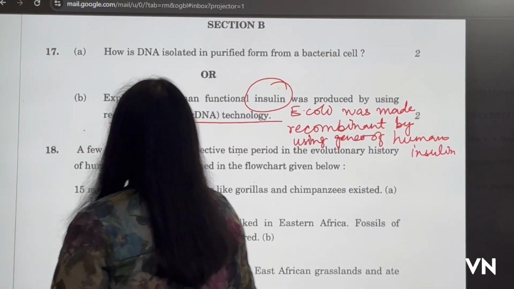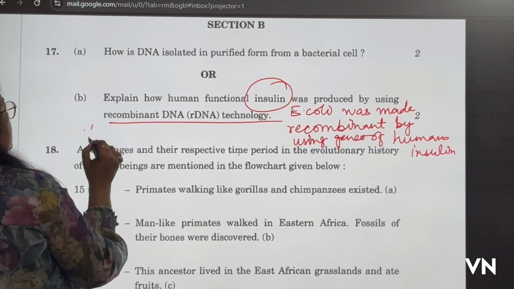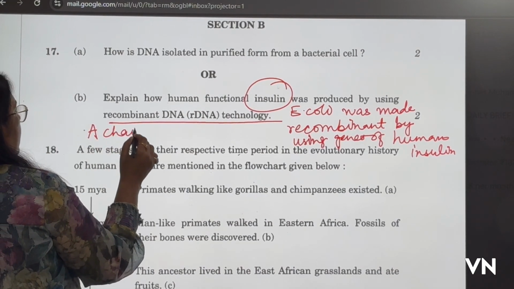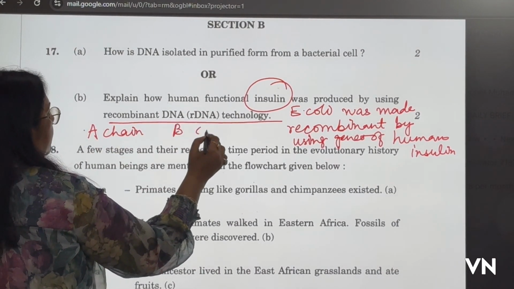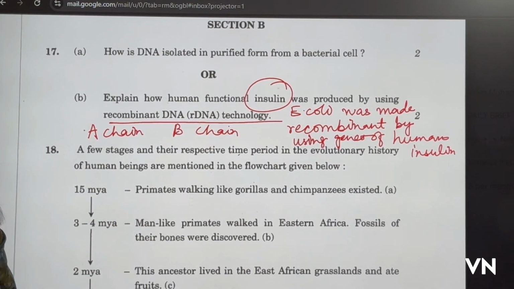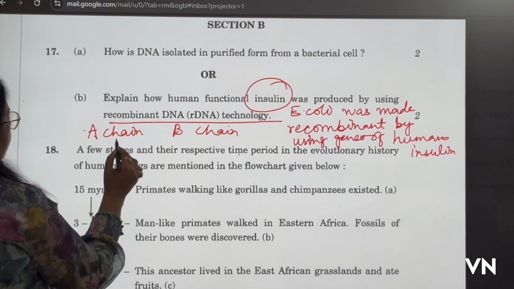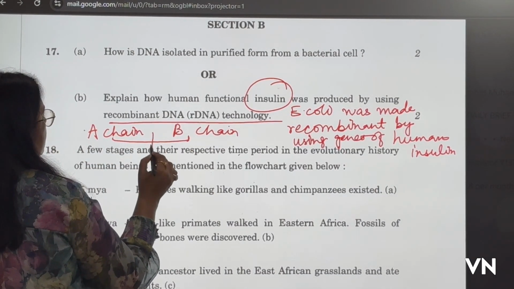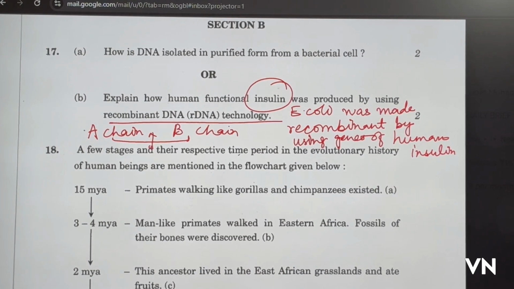Two different chains were produced, A polypeptide chain and B polypeptide chain. Then they were isolated from the bacterial cell and then they were joined by the disulfide bonds. So this is the procedure.